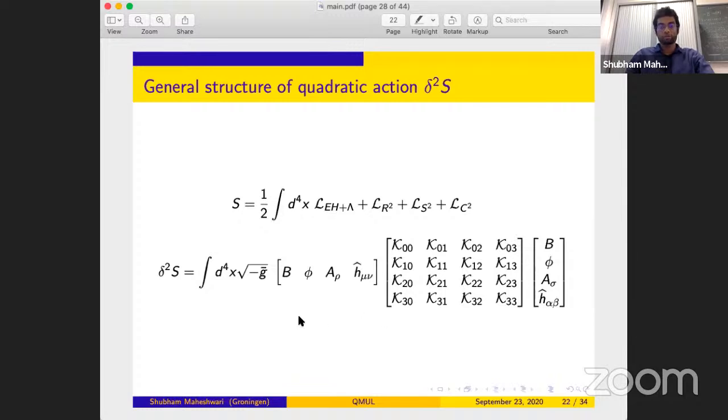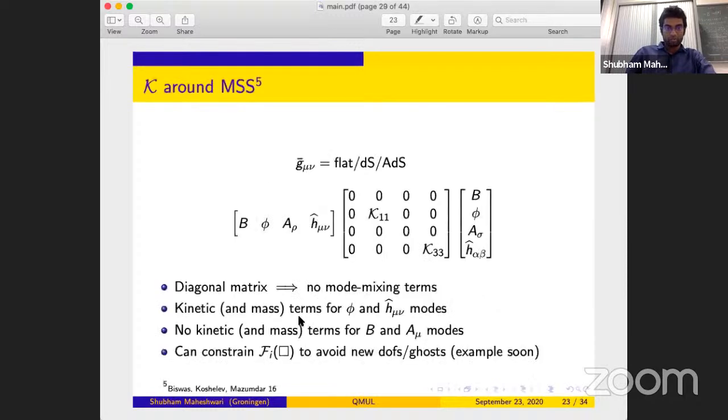So in order to simplify the analysis, you need to fix the background first. If you choose a flat or dS or AdS spacetime, then all the off-diagonal components identically drop out, and you will only have a diagonal matrix, and there are no more mixing terms between different scalars, vectors and tensors, and you will have kinetic and mass terms only for this one scalar mode φ and this tensor mode ĥ, and no mass and kinetic terms for the scalar B and the vector.